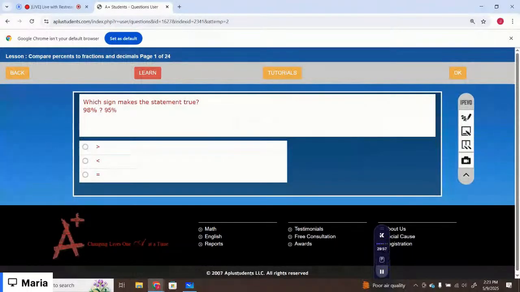So, which is the correct option? 98% is greater than 95%.